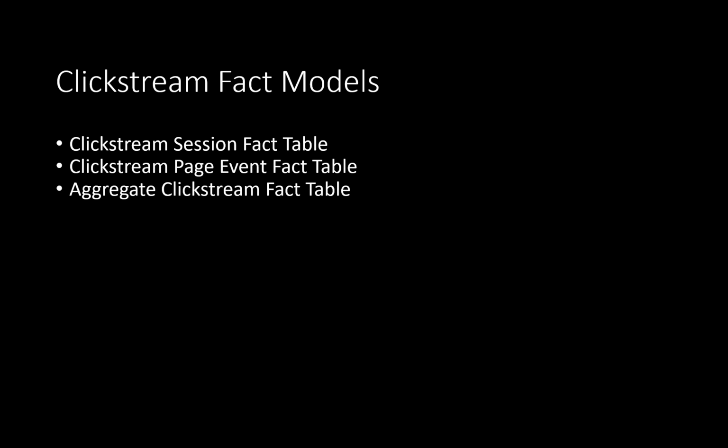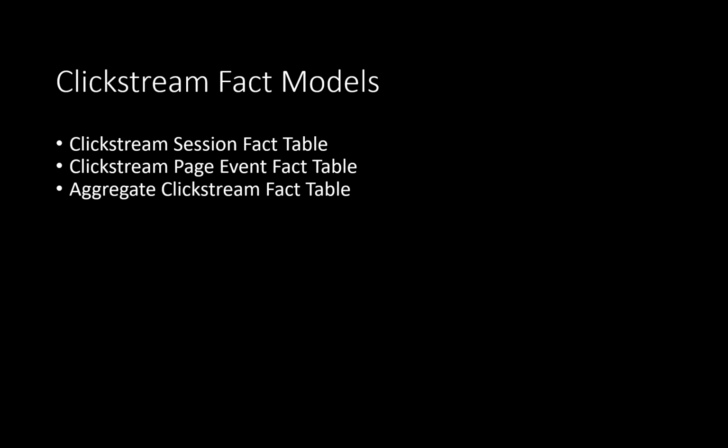Now we also need to add some measured facts to this fact table, such as session seconds, number of pages visited, number of orders placed, number of units ordered, and total amount of dollars ordered. So this is about the session fact table.